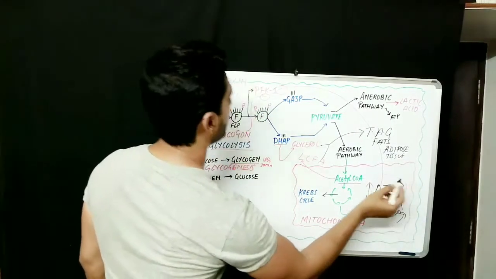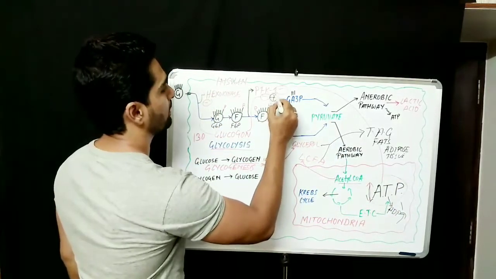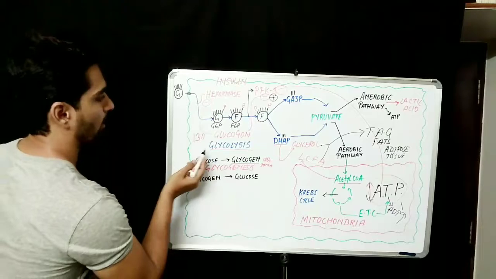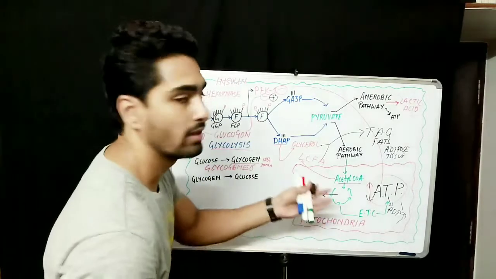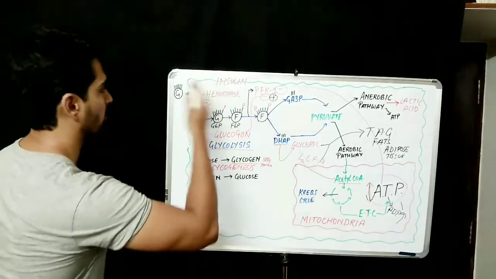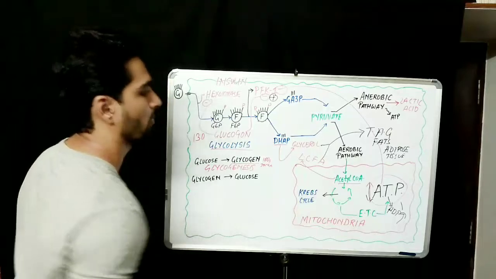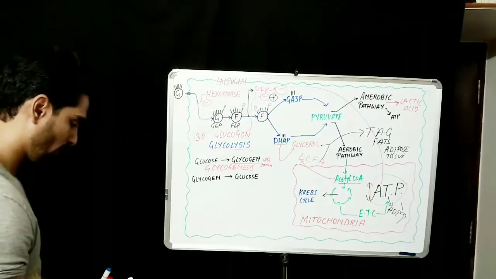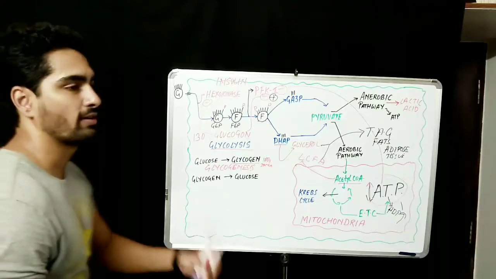And this increase in ADP again stimulates this reaction and tells the body to start glycolysis, because I am in need of ATP. So you're using the glucose in your blood to produce more ATP because you're a very active person.